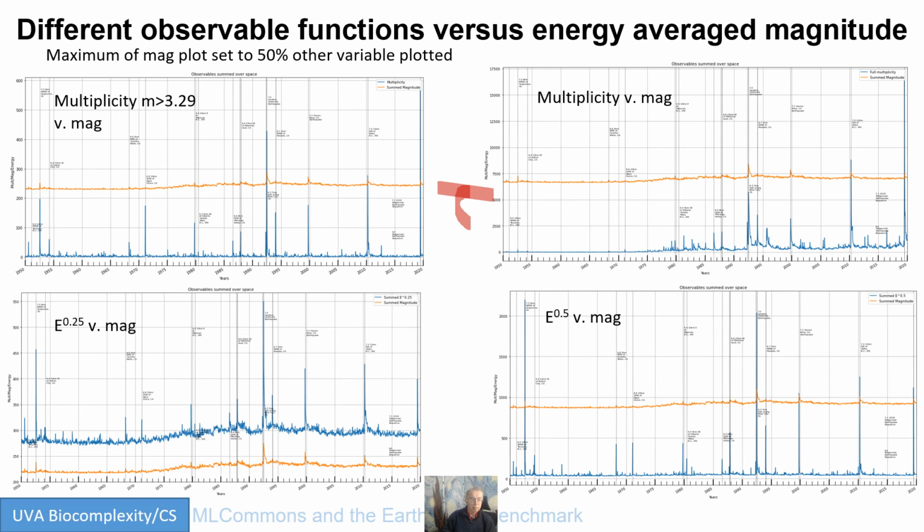This is the multiplicity, the number of events of magnitude greater than 3.29. Notice how sharp this is. Here is the log energy. It's got a little blip at this big earthquake here, comparatively little blip, but the multiplicity has a huge blip. So you can see the multiplicity is a much more dramatic signature of what's going on.